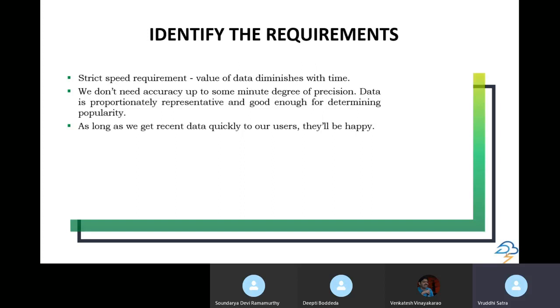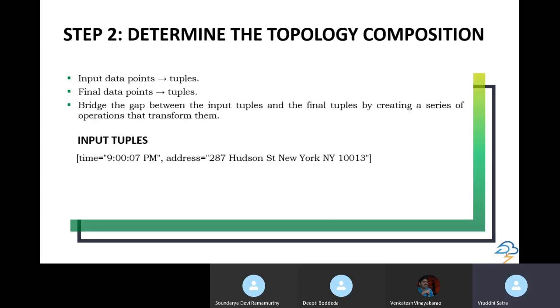We don't need accuracy up to a minute level of precision. Our data is proportionately representative, and that is good enough for determining popularity. As long as we are able to get recent data quickly to our users, they'll be happy. Also, unreliable data sources do not have the ability to replay failed data points, so in this case we do not need to worry about being fault tolerant.